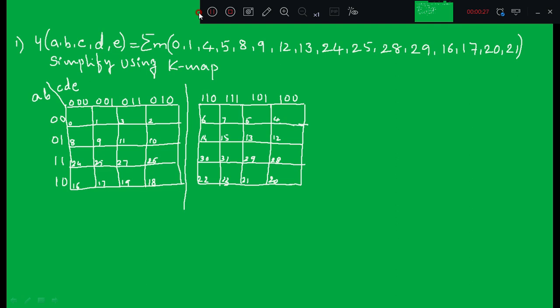Let us take the next example as y of a, b, c, d, e. These are the 5 input variables and y is the output, and the minterms are given. You have to simplify this using a K-map, right?